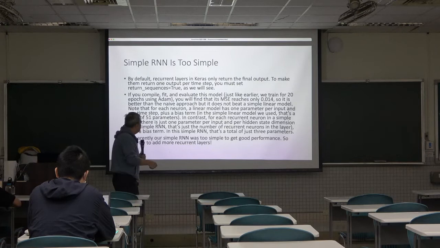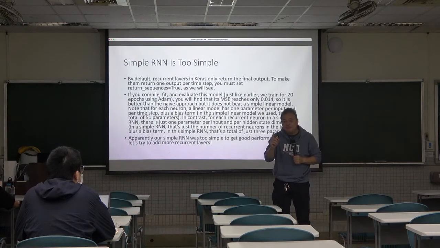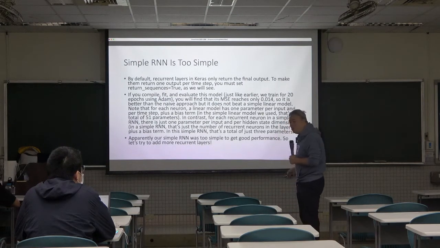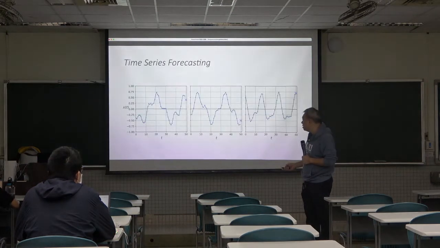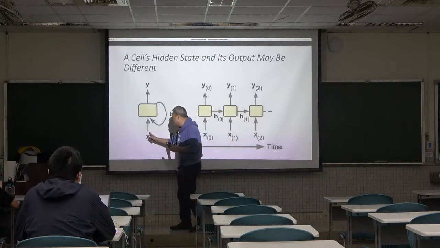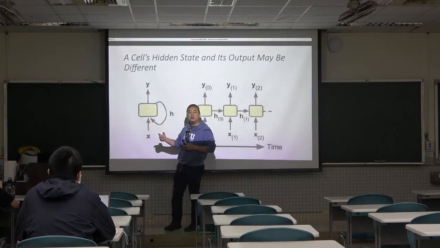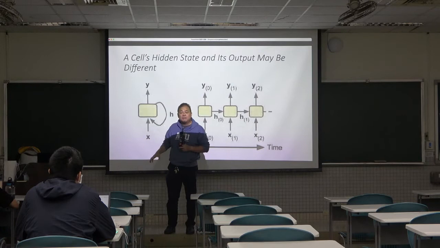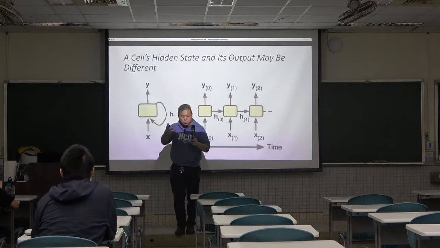But for this simple RNN, we have only one neuron. For that one neuron, how many parameters do we have? We have one weight for the input because it's univariate, one weight for the recurrent feedback, and one additional weight for the bias. So totally, for that simple RNN, we only have 3 parameters to tune.